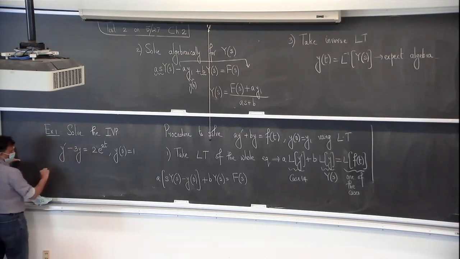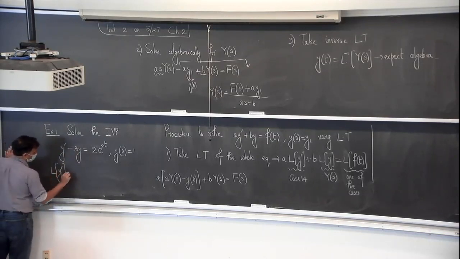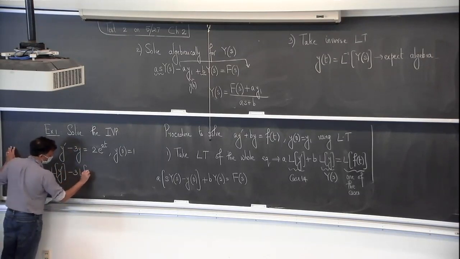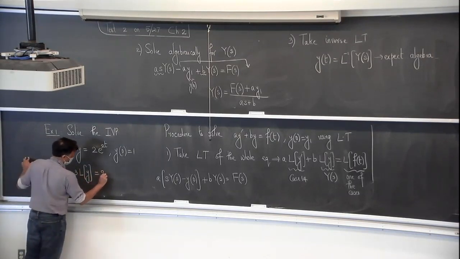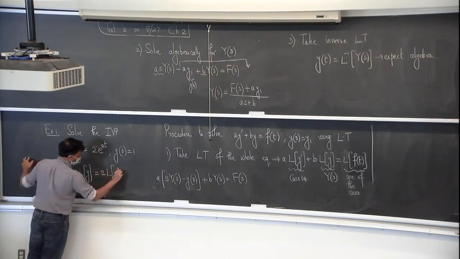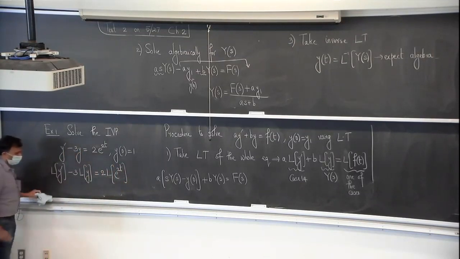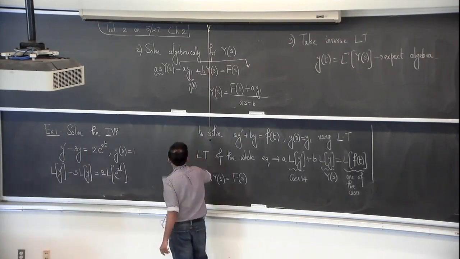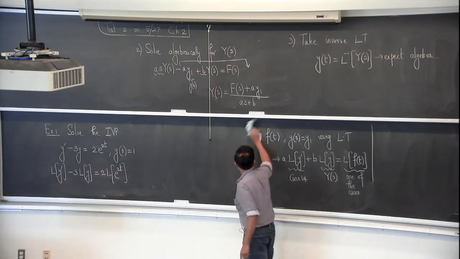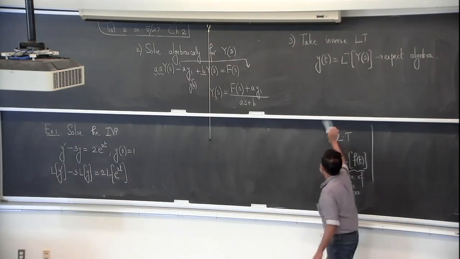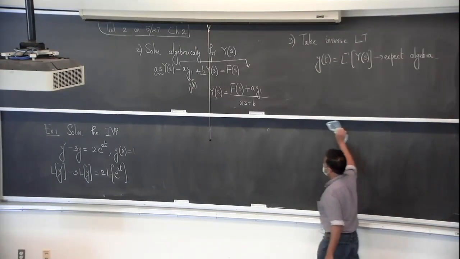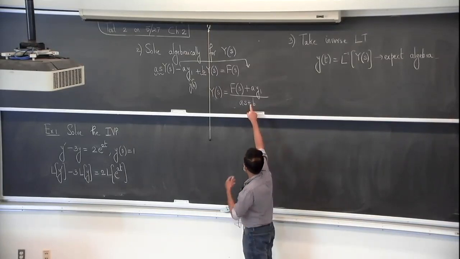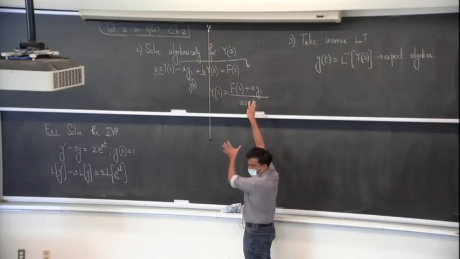All right, so step 1, take Laplace of the entire equation. It's L of y prime minus 3 times L of y equal to 2 times Laplace of e to the power of 2t. I would strongly recommend against using this as some kind of canned formula.